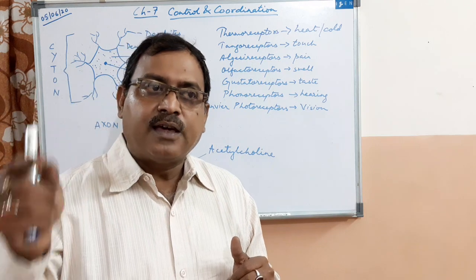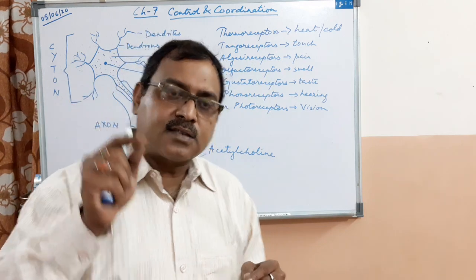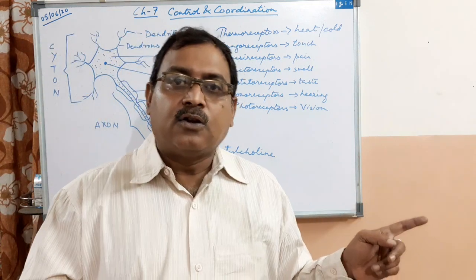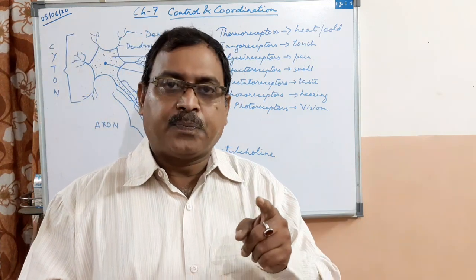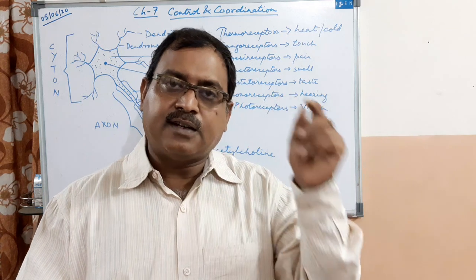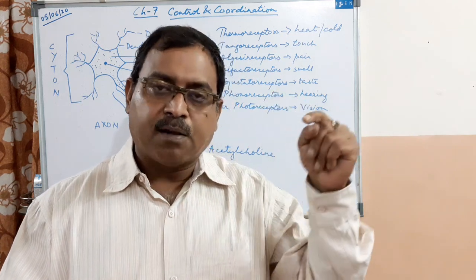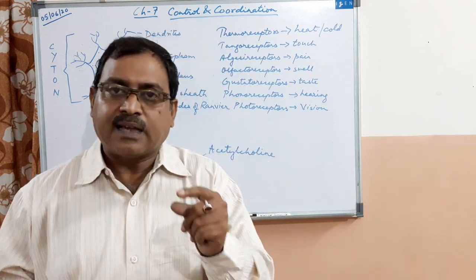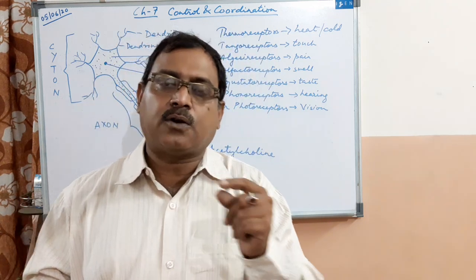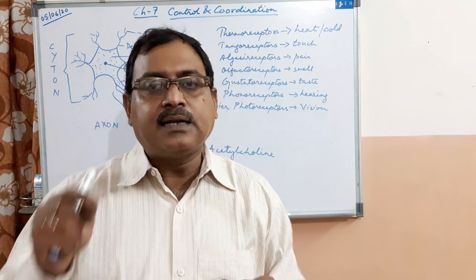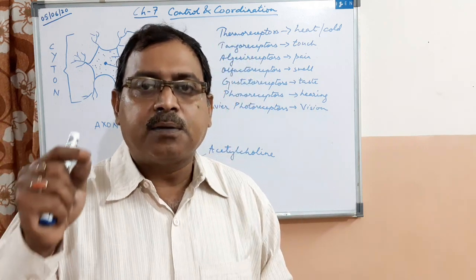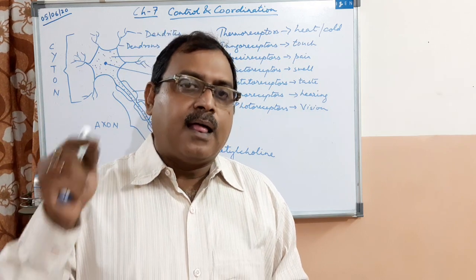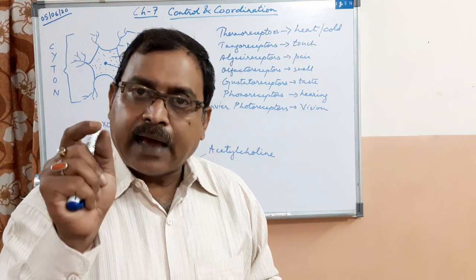This message is passed in a similar manner, at first to the dendrites, then to the cell body or cyton, and through the cyton to the axon, ultimately reaching the terminal axon bulbs, and again there is a synapse.